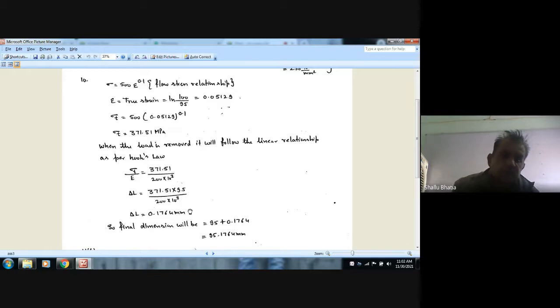Okay, so the final dimension will be 95 plus 0.1764, because initially it will compress to 95 mm and then the stress will be released. Compressive stress will be released, or we can say tensile stress can be applied. Okay, so the final answer will be 95.1764.